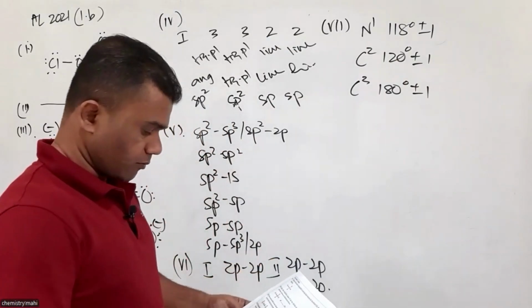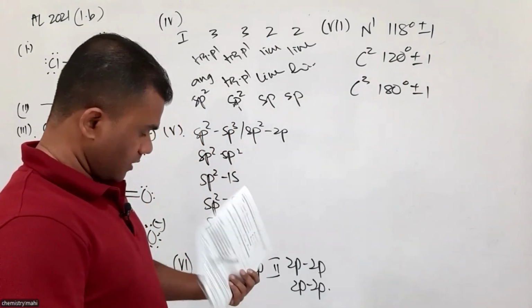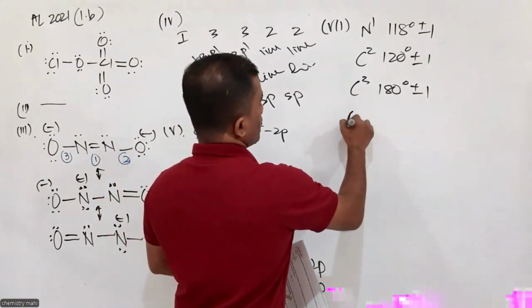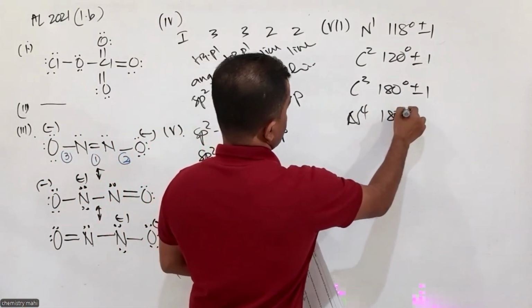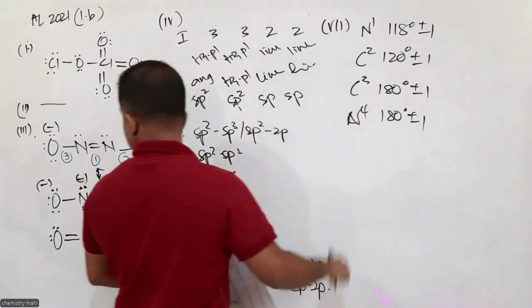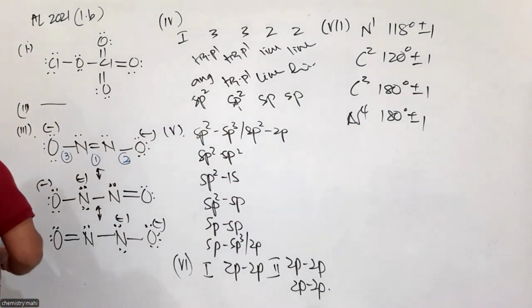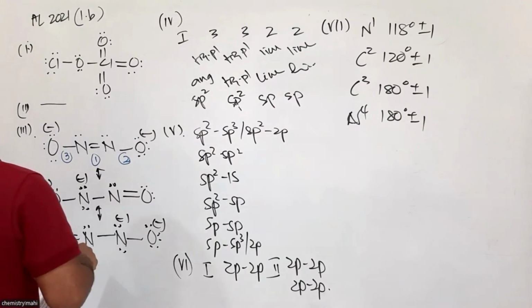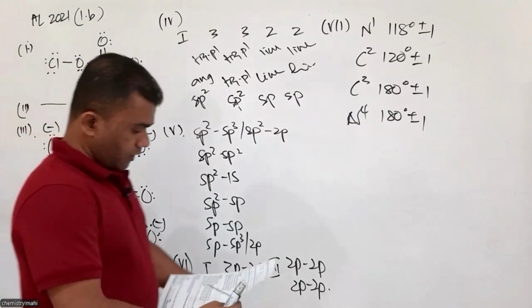Both are possible. Next, C3 and N4. N4 is again sp, so N4 is again given 180 plus or minus 1. Got it? That's the way we can have the answers quickly. Let's move to the other one.